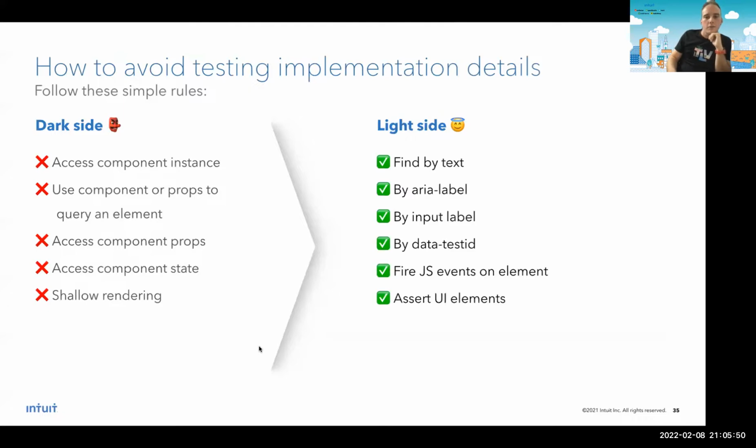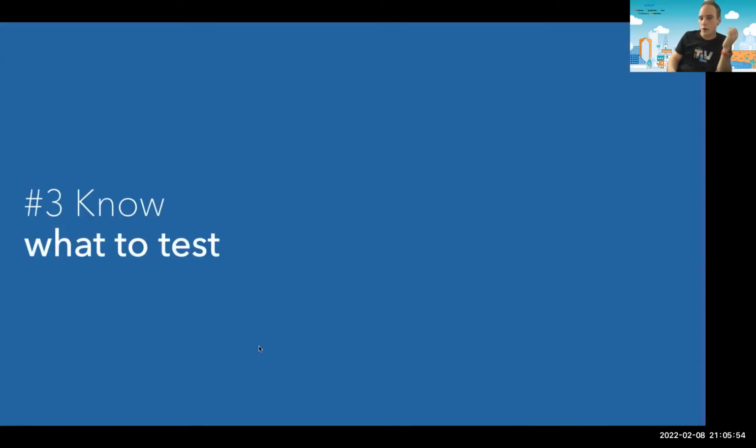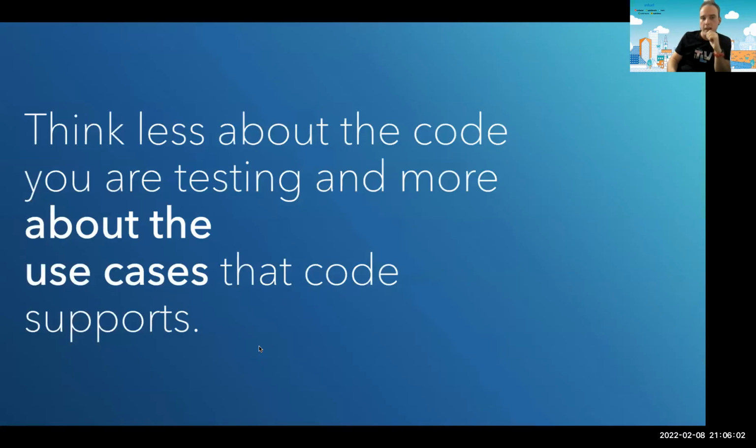And let's go to the third ingredient. Know what to test. Not only is writing the tests themselves important, you also need to know when to write the test. Think less about the code you're testing and more about the use cases that code supports.